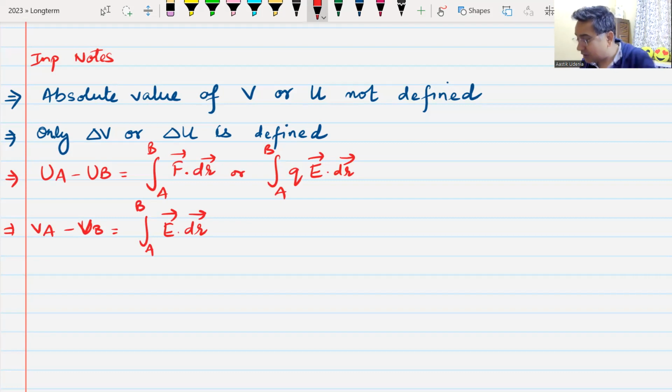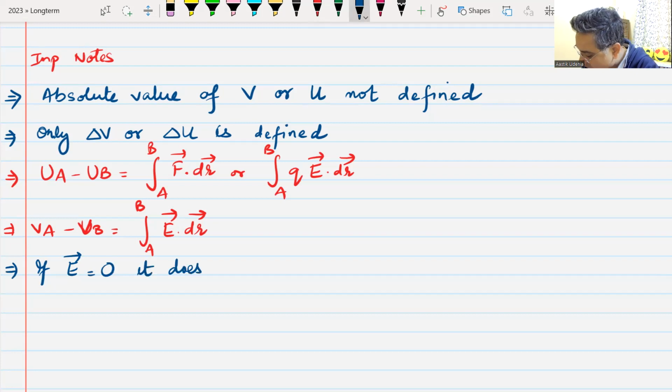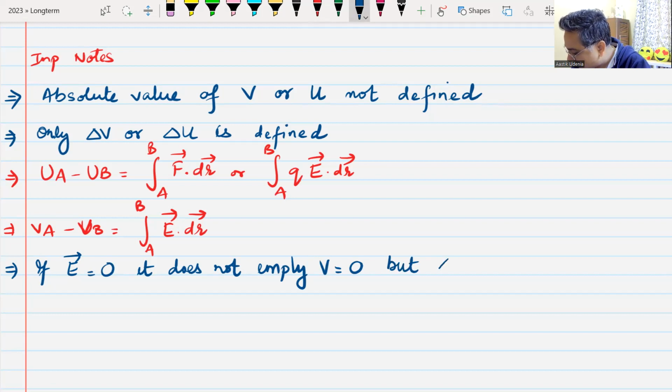VA minus VB. Now, remember, important points. If electric field E is 0, it does not imply V is equal to 0. But it implies delta V is equal to 0, or V remains constant.